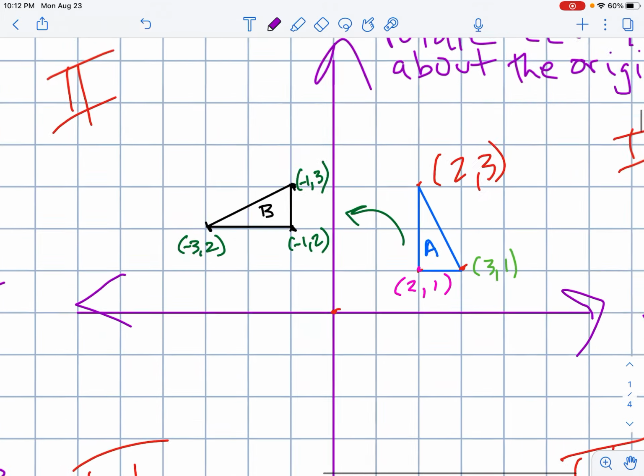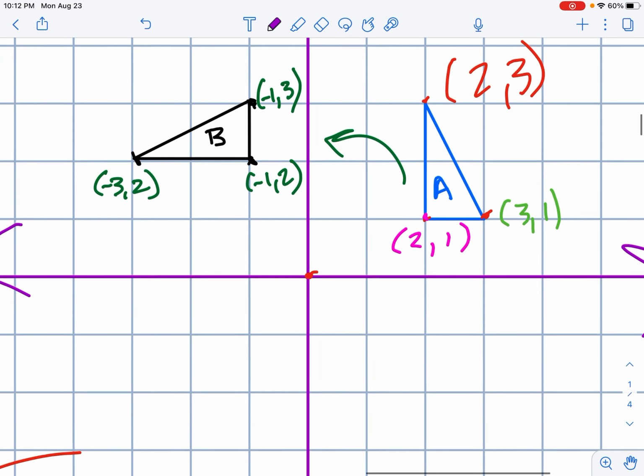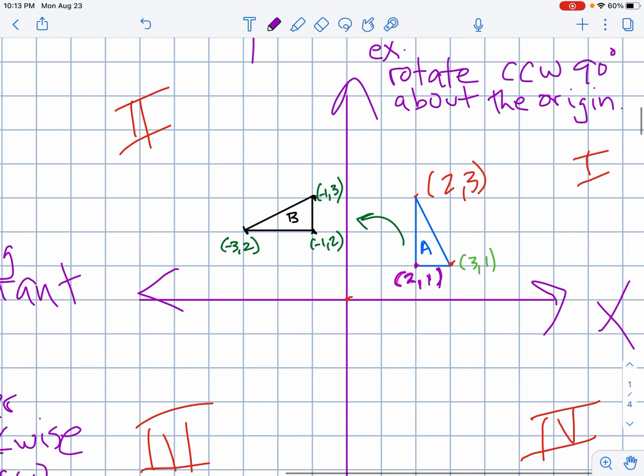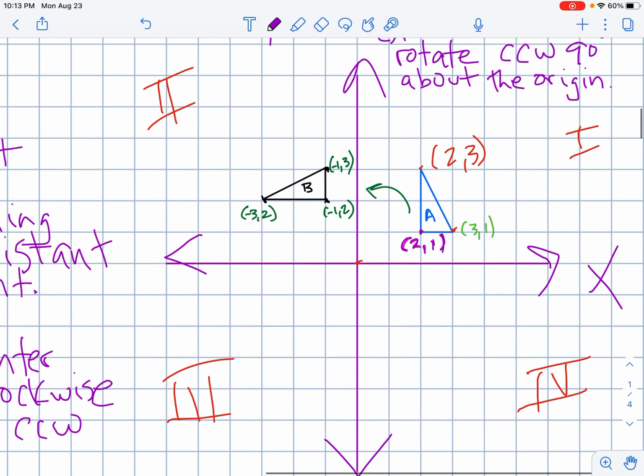Now, how can we practically do that? I have a little way of doing this. My way of doing it is to figure out the coordinates of the vertices of triangle A. Notice I've got 2, 1 here. And then I just think to myself, if I'm going to rotate this 90 degrees counterclockwise, what I can then do is just rotate my paper the reverse direction and put in coordinates of that exact same point.